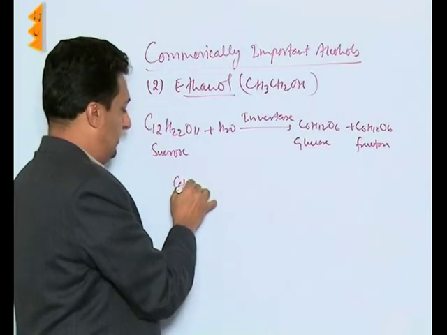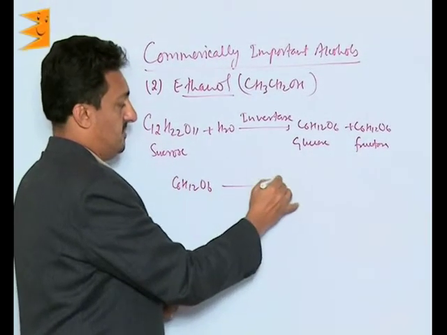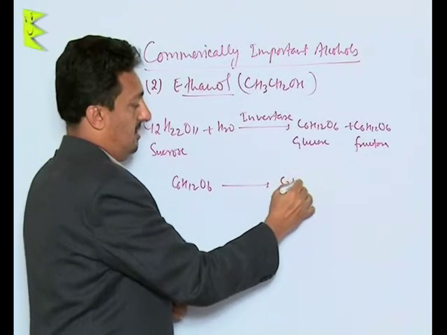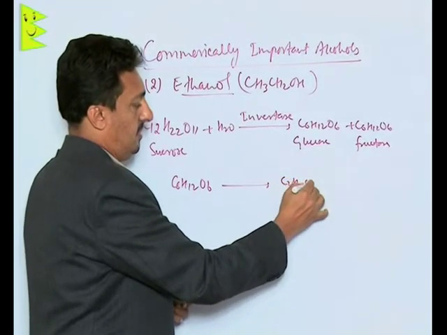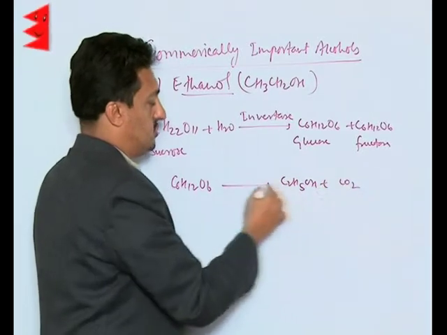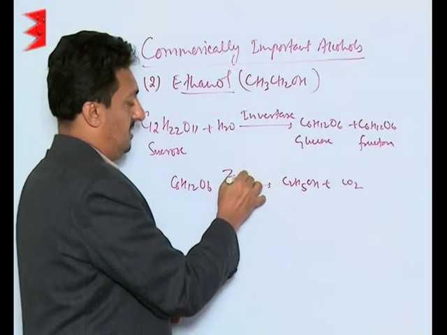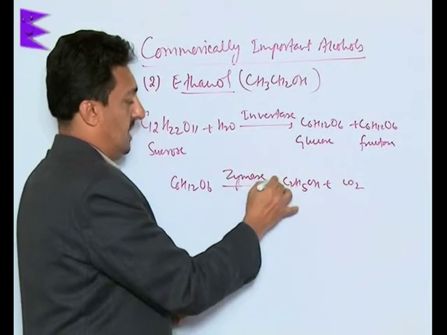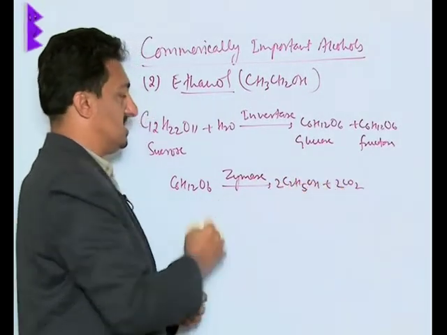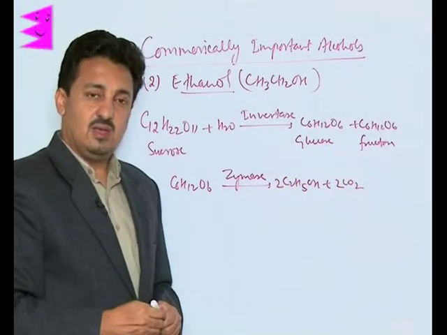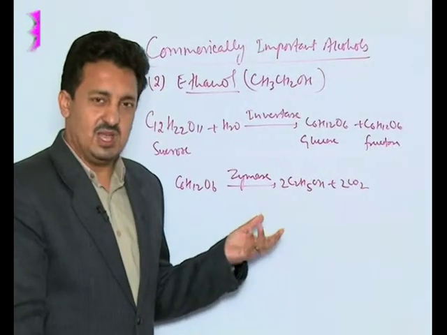Now both of these can be broken down into ethanol and CO2 by another enzyme called zymase. So this is how even today it is prepared by the fermentation action.